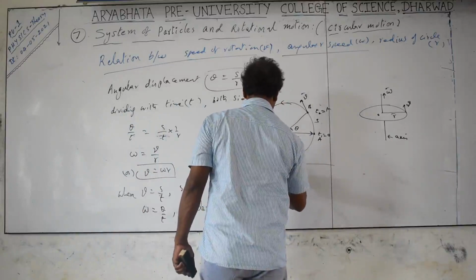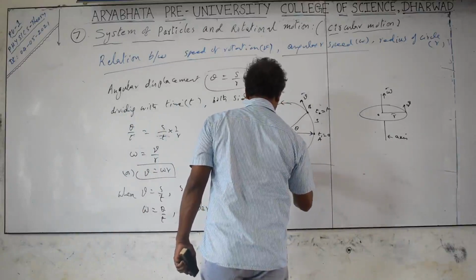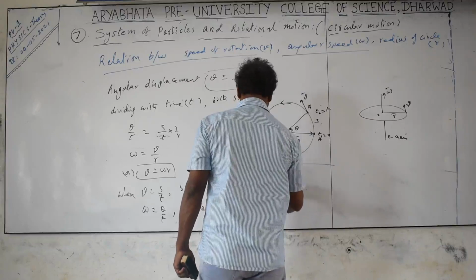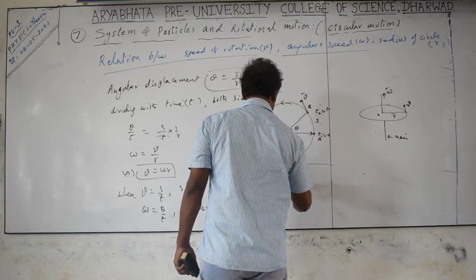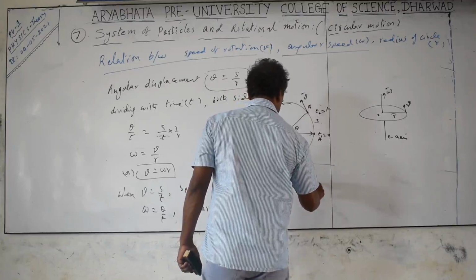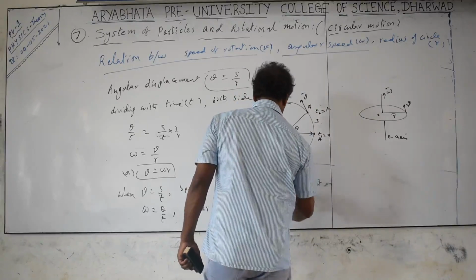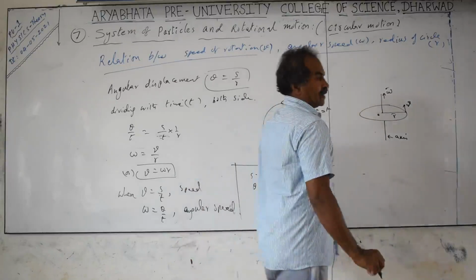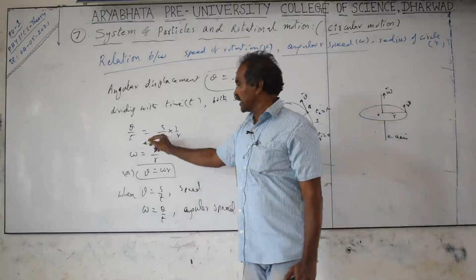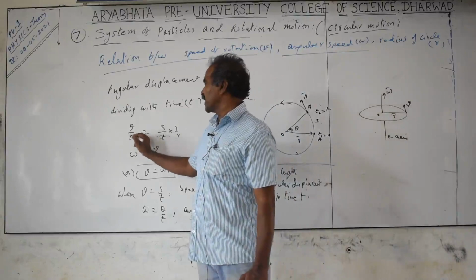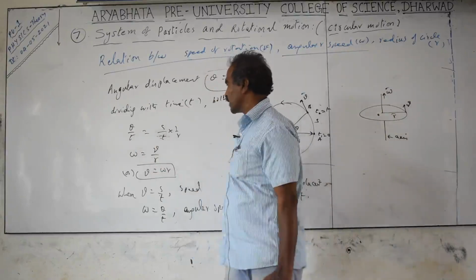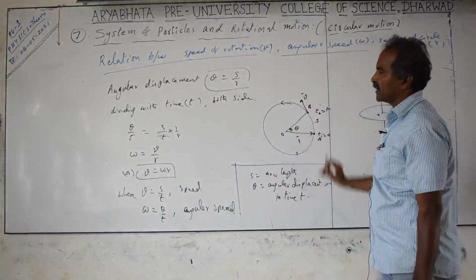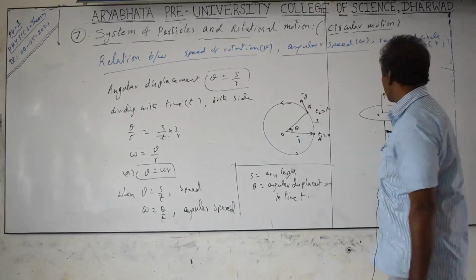S is the arc length, and theta is the angular displacement in time t. Instead of this by t, we can take the differential form, d theta by dt, and ds by dt also. dt also indicates small values, taken as differences in values also.